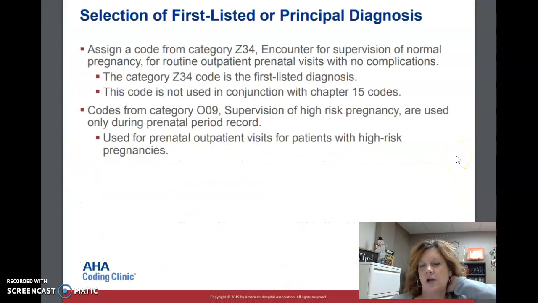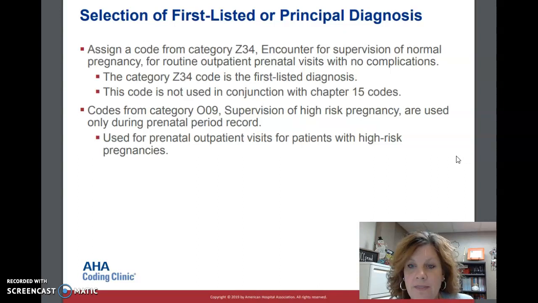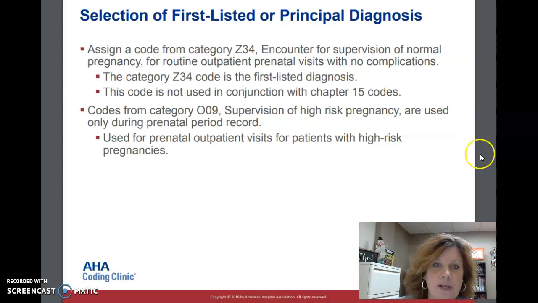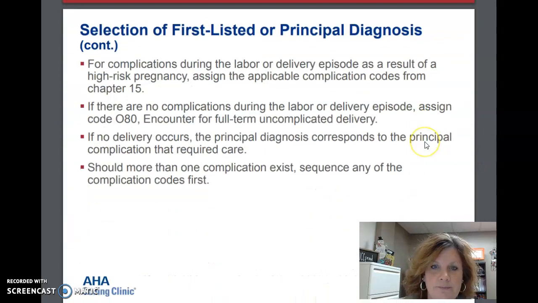Let's just here talk about principal diagnosis. So I said the Z37 for how many weeks can never be principal diagnosis. The outcome of delivery can never be principal diagnosis. But if you're coming in just for supervision, that can be principal diagnosis, Z34.